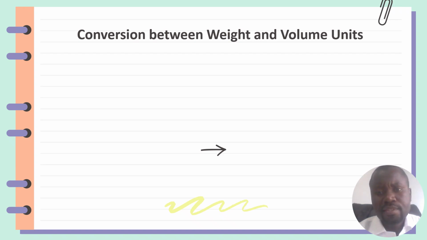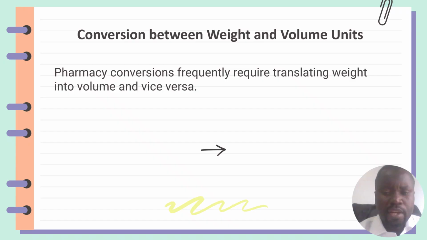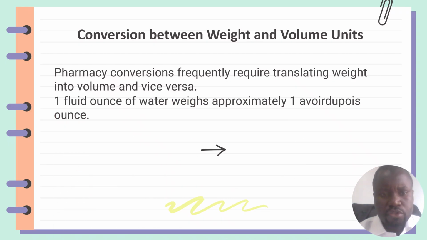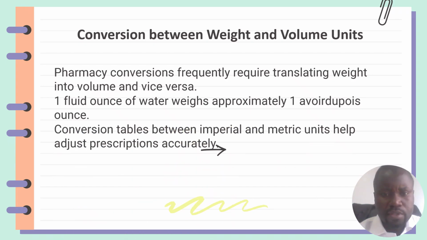Conversion between weight units and volume units is crucial. A bit of calculations there. Pharmacy conversions frequently require translating weight into volume and volume into weight. So 1 fluid ounce of water, for example, will be approximately 1 avoirdupois ounce.